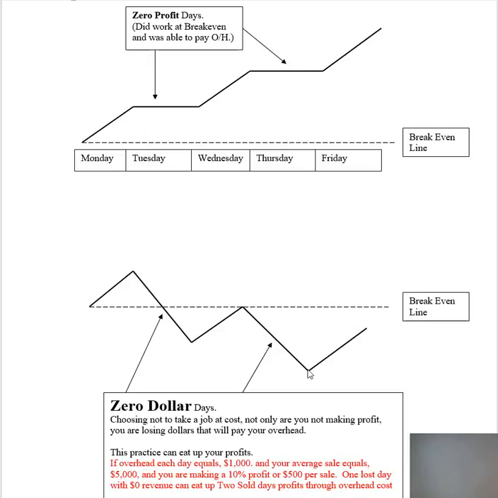Now Friday comes around, and you end the week on a high note down here. So yay, you're down $500 for the week. You're not going to die instantaneously, but you're going to die a slow, painful death, because you're going to bleed to death here. This company here ended the week on a high note.